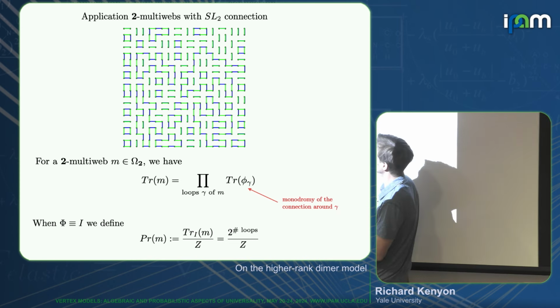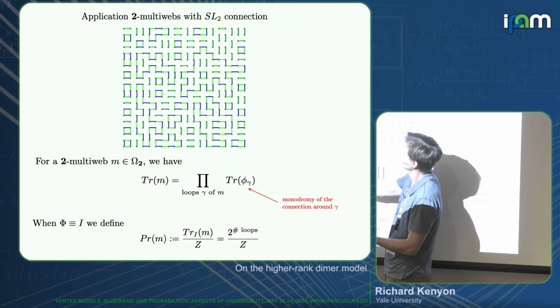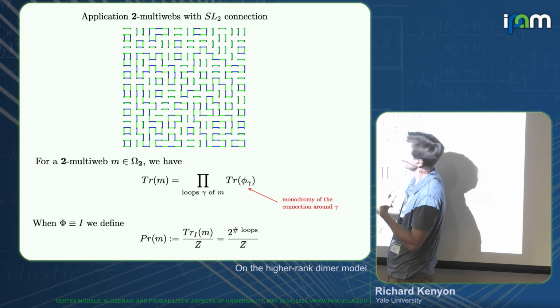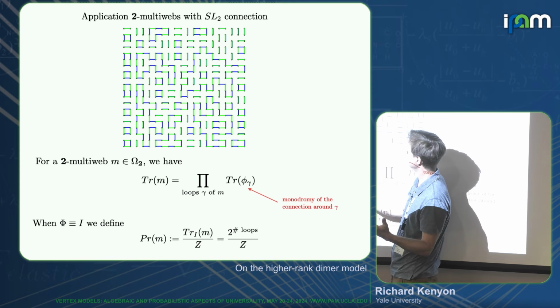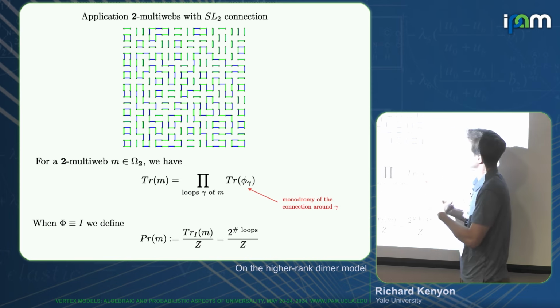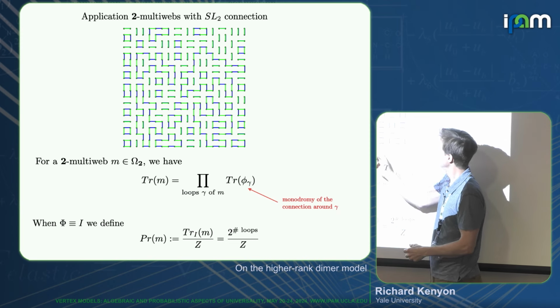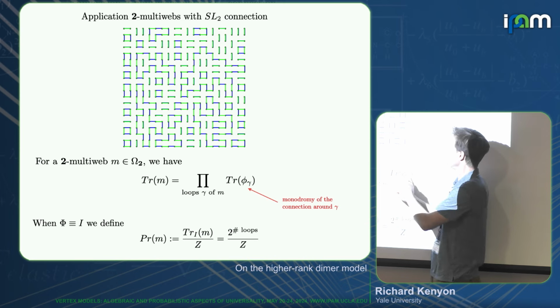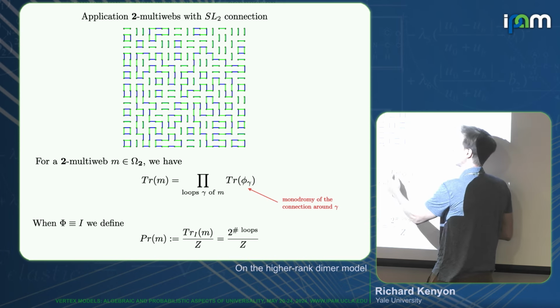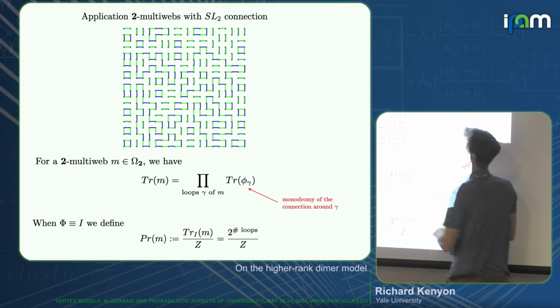So that's a 2 multiweb. And the interesting thing about 2 multiwebs is that the trace that we defined for a 2 multiweb can be written as the product over the loops. For each loop, you get the actual matrix trace of the monodromy of the connection going around that loop.